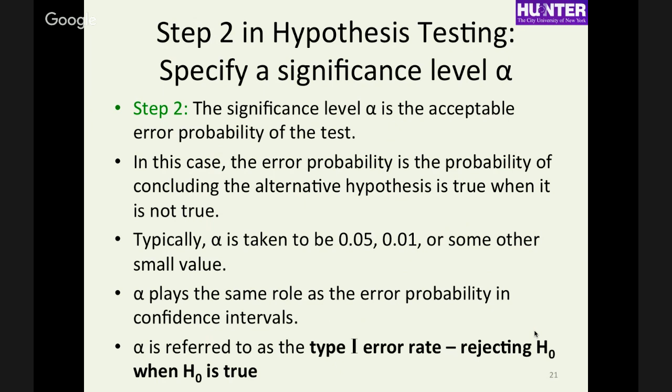If you are very concerned about acquitting guilty prisoners, then you should set a very small alpha, like 0.001. If you're more concerned about releasing a guilty person, then you would set a higher value of alpha, maybe 0.1, 0.2, 0.3, but then you're more likely to convict an innocent defendant.